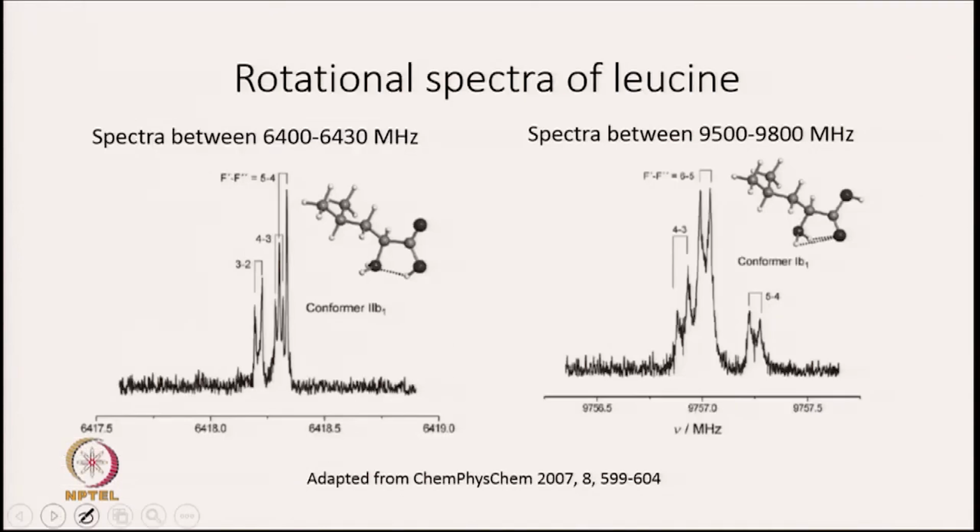So, they obtained the rotational spectra of leucine, and what they were able to find is that there are only 2 conformations populating the leucine in the sample, and those are called 2B1 and 1B1.